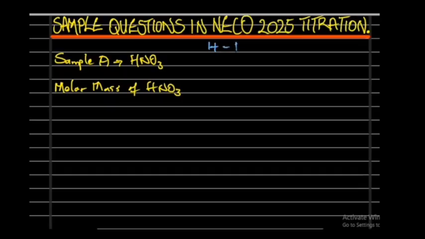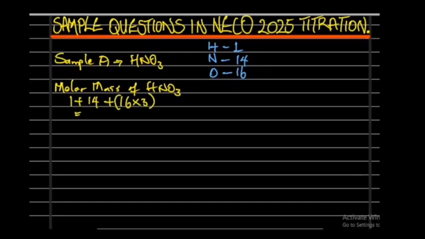H to be 1, N to be 14, O to be 16. So we have H as 1 plus N as 14 plus O as 16 times 3, because our oxygen is 3.